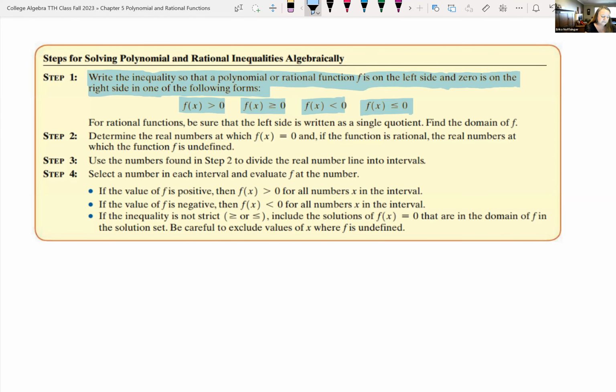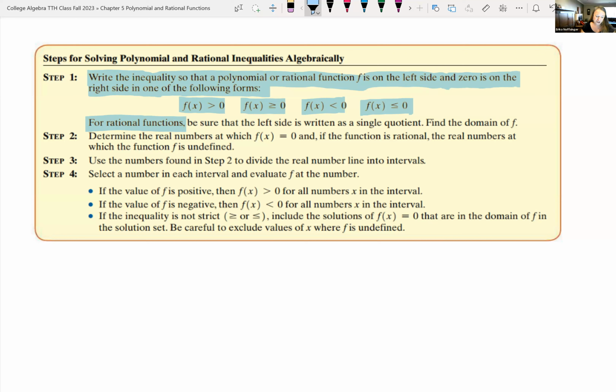If it's a rational function, we do not want to clear the fraction like we were doing when solving rational equations. That's because you would be getting rid of your vertical asymptotes, and vertical asymptotes are something that we'll be looking at. You'll see that as we go through this, but let me continue reading.